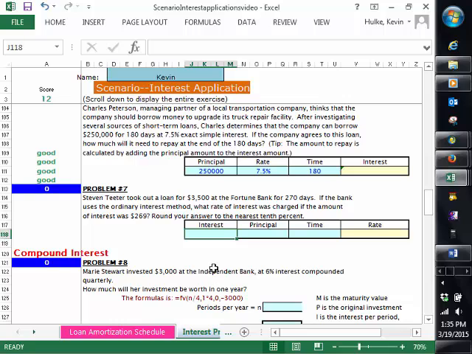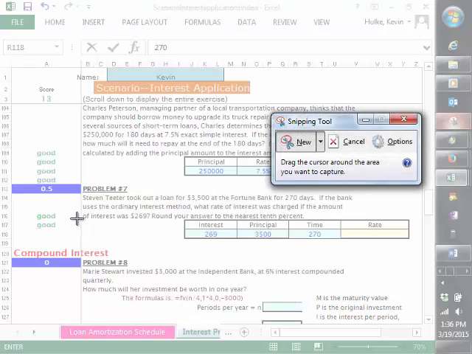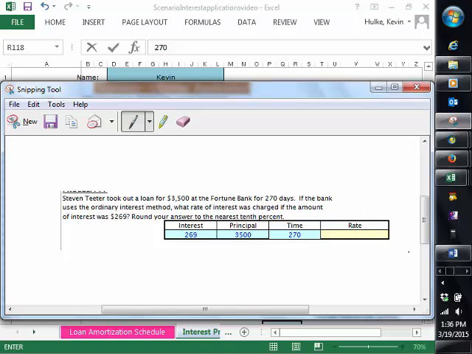Next one. Steve Teeter took out a loan for $3,500. The interest was $269, and the time was 270 days. Now, I think the easiest way to solve this problem is to think about it algebraically. We know interest is principal times rate times time.